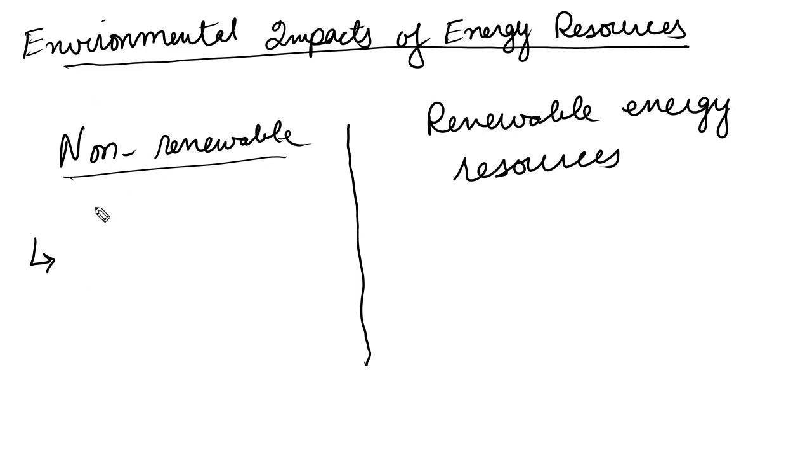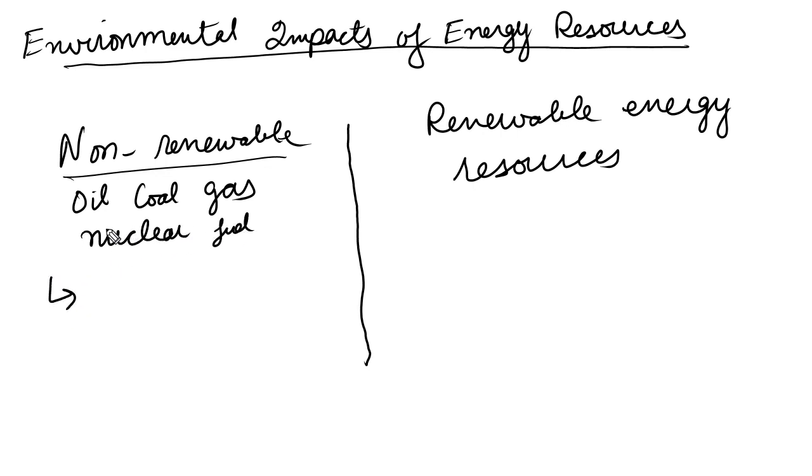Non-renewable energy resources, as we know, are oil, coal and gas, and the nuclear fuel. When they burn, they produce carbon emissions in the atmosphere, oil, coal and gas. So it is harmful for the environment. Moreover, when nuclear fuel burns, it emits nuclear radiations into the environment that is also harmful.